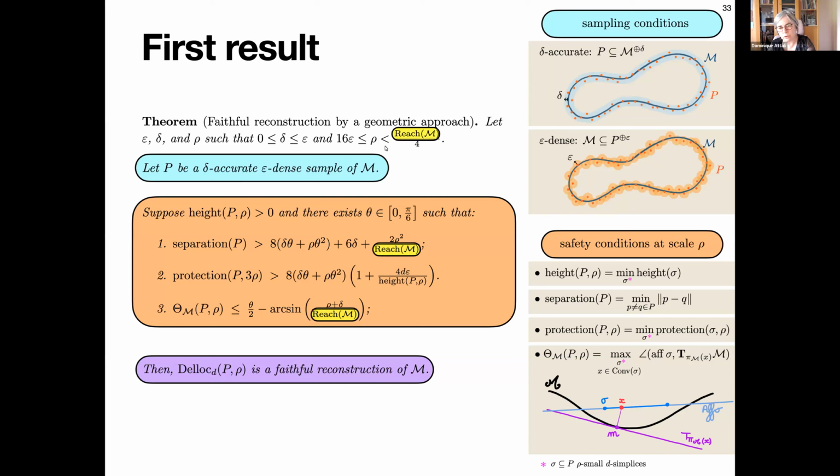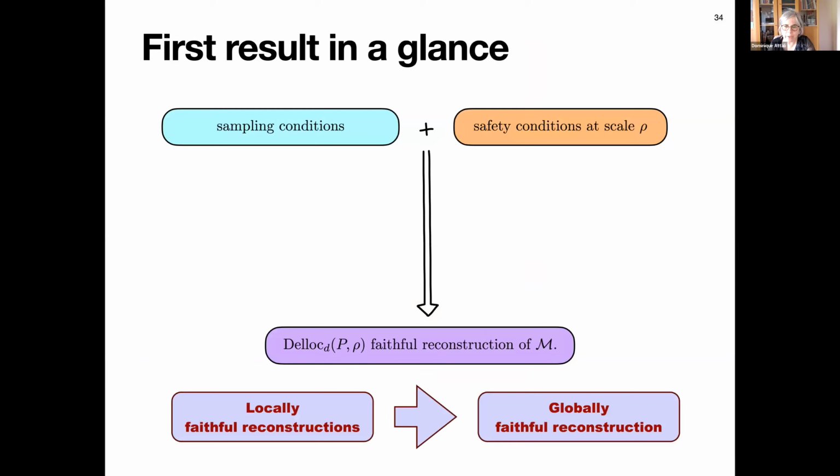You see also that those conditions are expressed relative to the reach of M. So at a glance, what is happening? We have those sampling conditions that are completely reasonable, plus some safety conditions. A point set P that you receive may not enjoy those safety conditions.